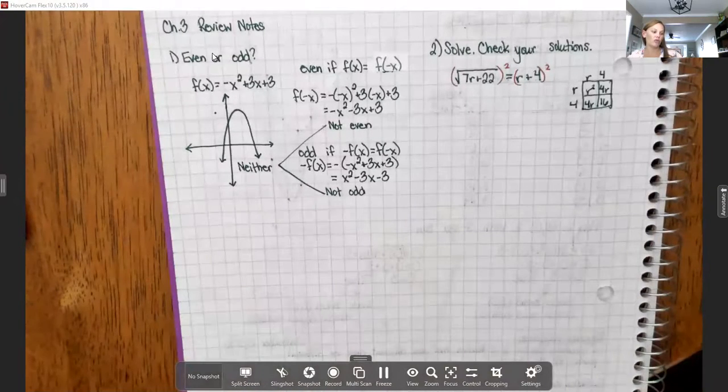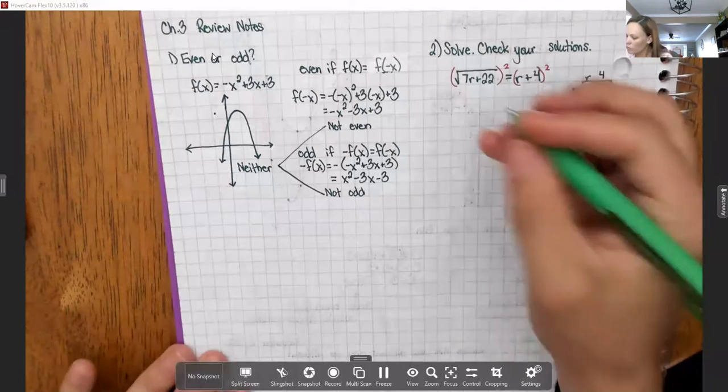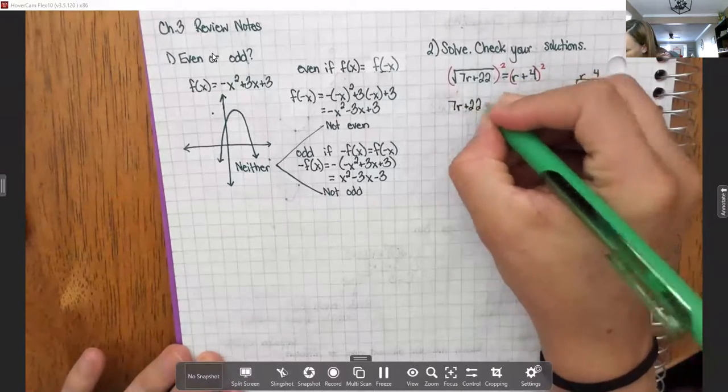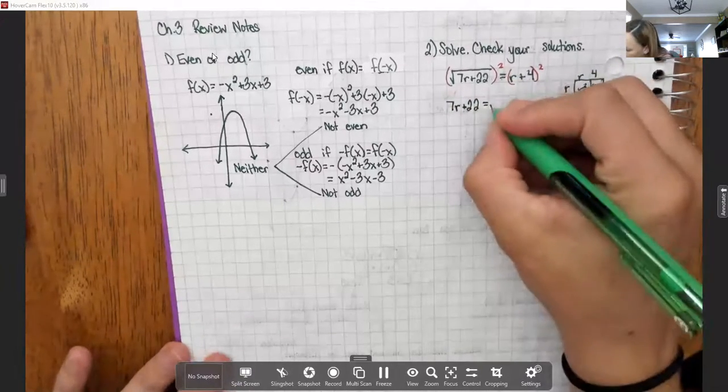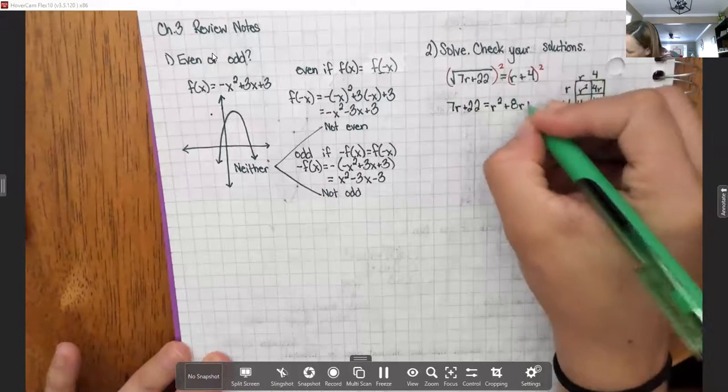That's why we chose to square it. So 7r plus 22 is equal to r squared plus 8r plus 16.